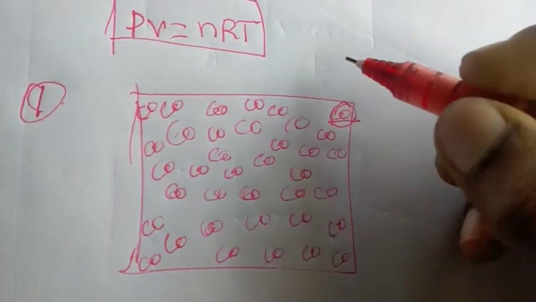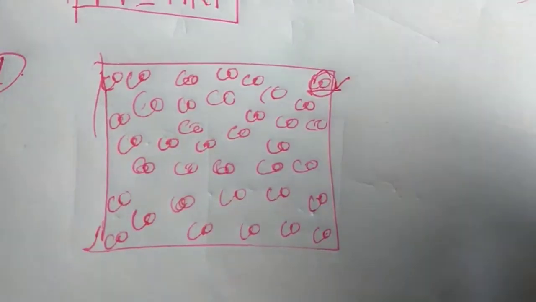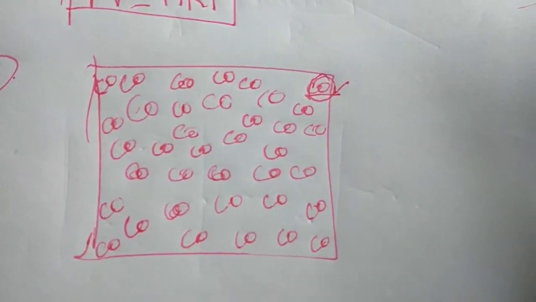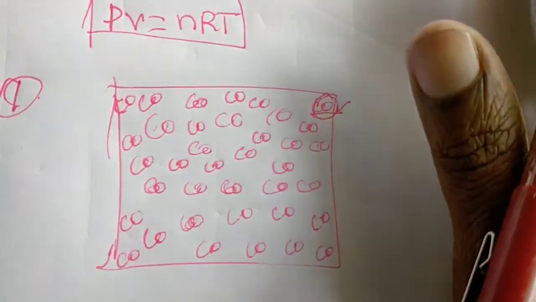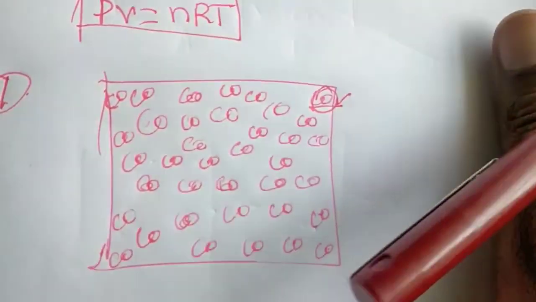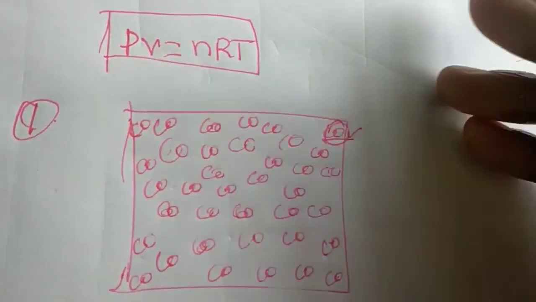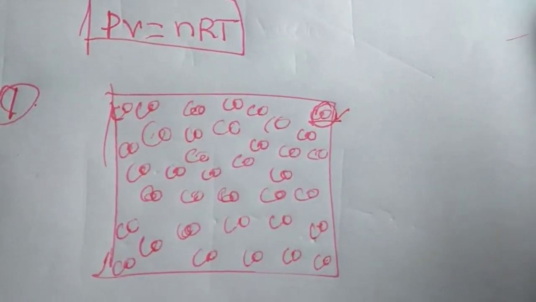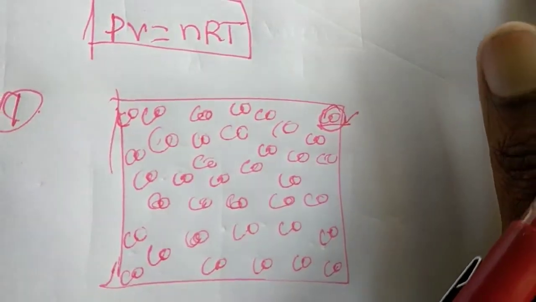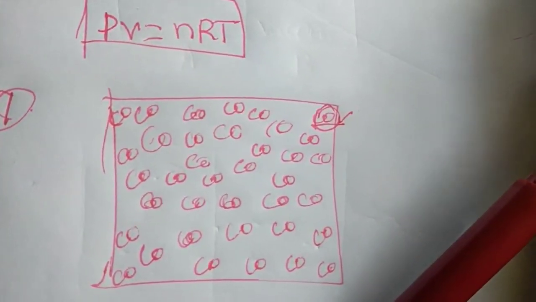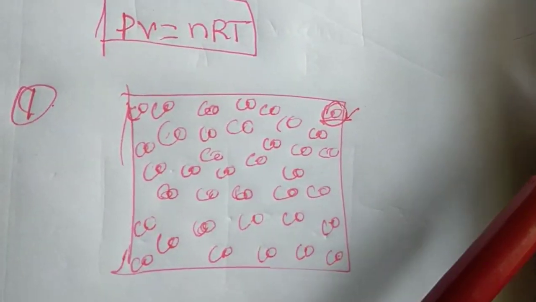So the volume of that single molecule present in that gas is negligible, and we are not taking it into consideration. This is the first condition for ideal gas behavior.